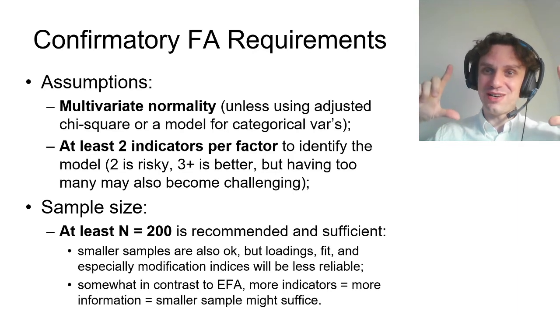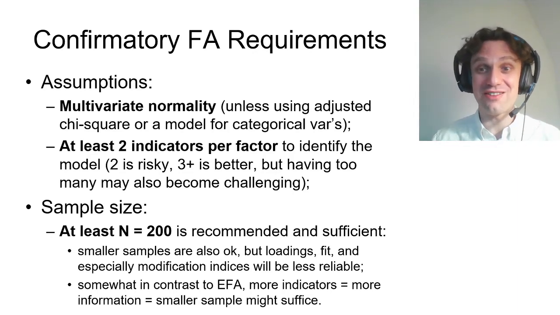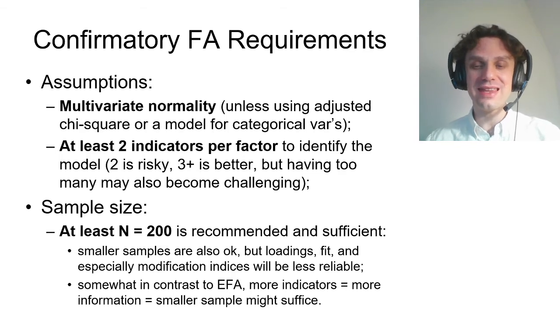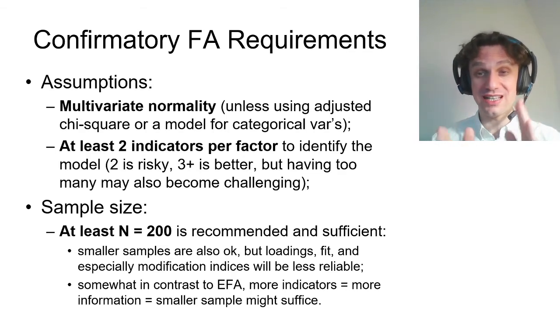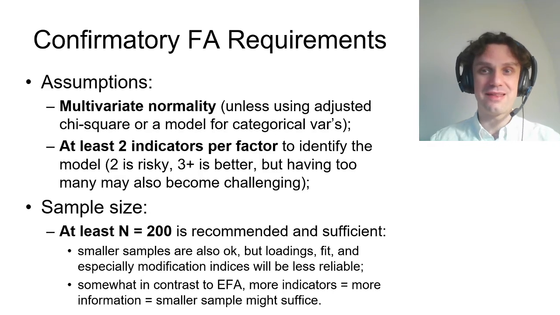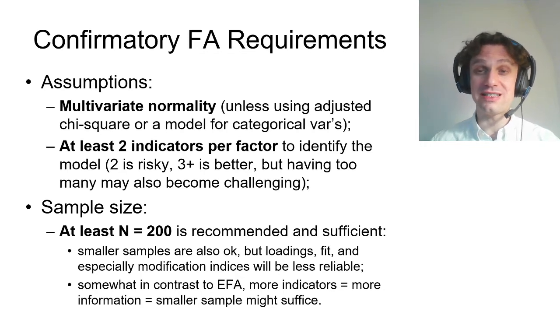Like, for example, 2 questions use the same word, and there will be some error covariance as a result, and it will be challenging. So it's best to have maybe 5 to 7 items in a scale, optimal for a CFA. And in terms of sample size, the good news is that having about 200 people is generally considered sufficient for most purposes.